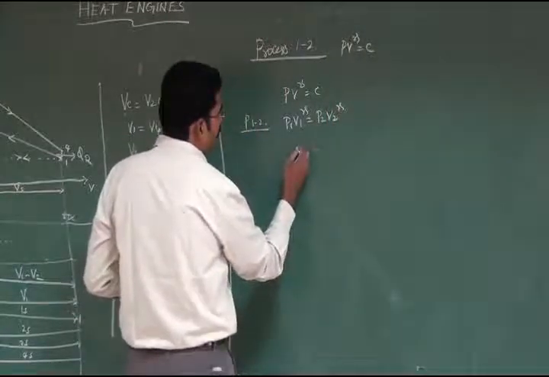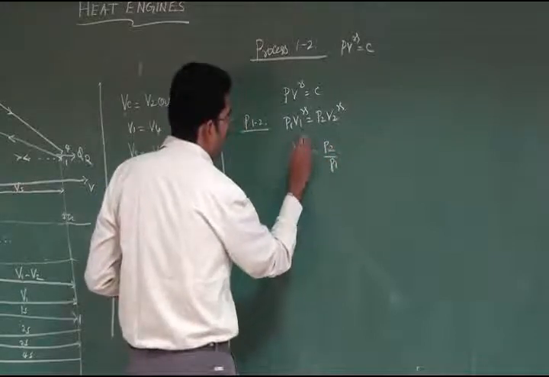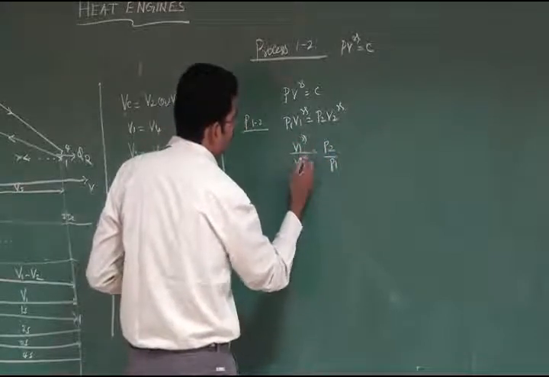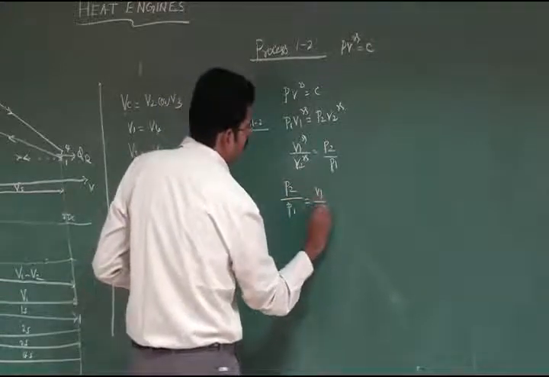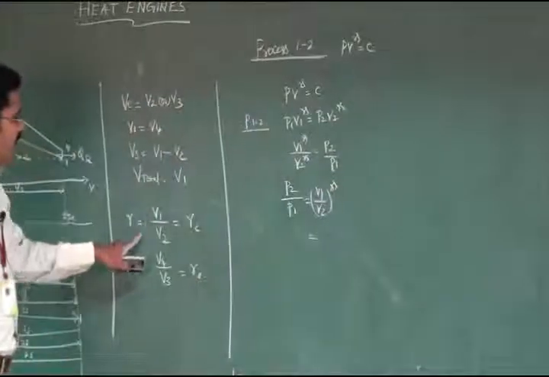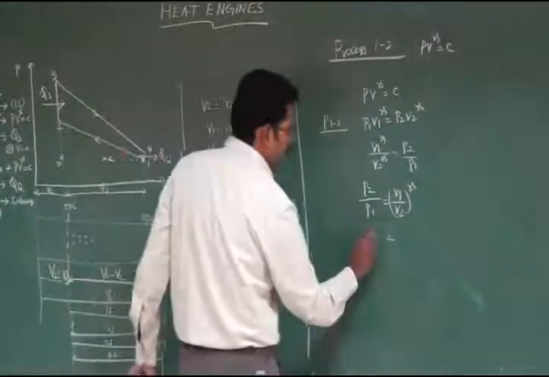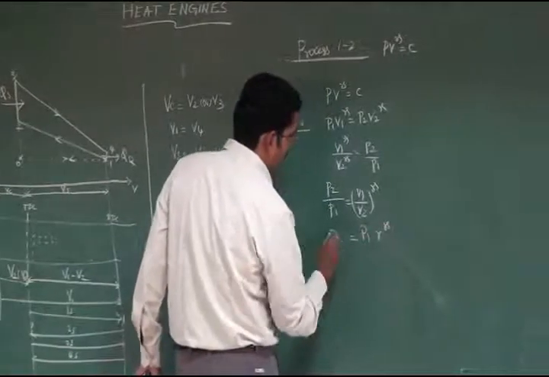Then P2 by P1 can be written as V1 to the power gamma divided by V2 to the power gamma. So P2 by P1 is equal to V1 by V2 to the power of gamma. We know that V1 by V2 is generally termed as R. So P2 can be written as P1 into R to the power of gamma.